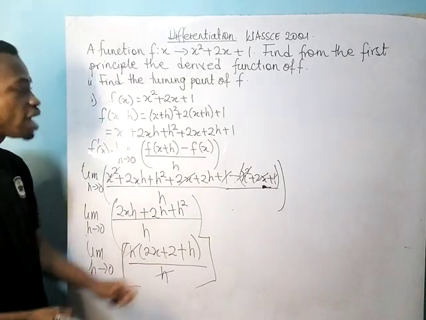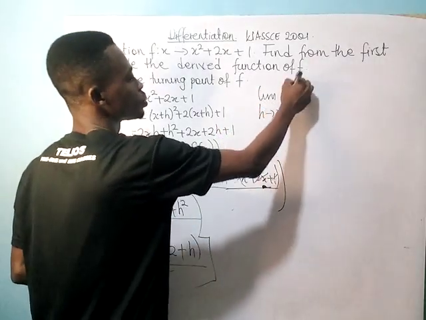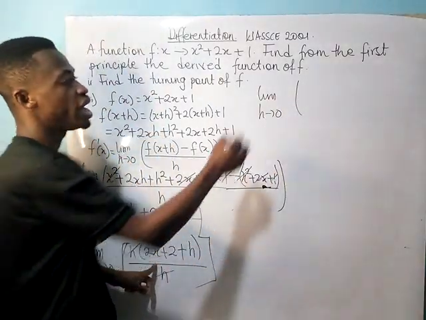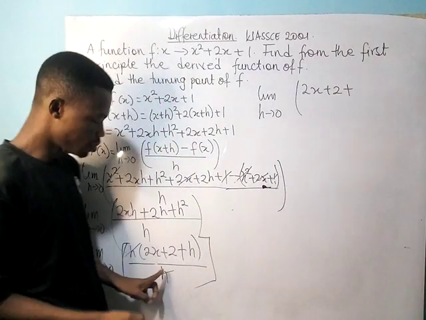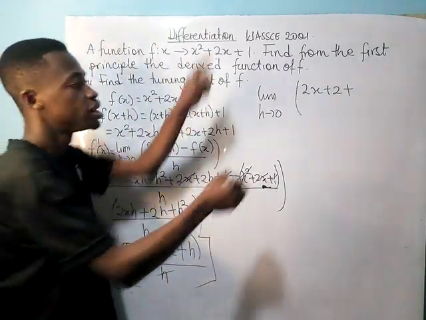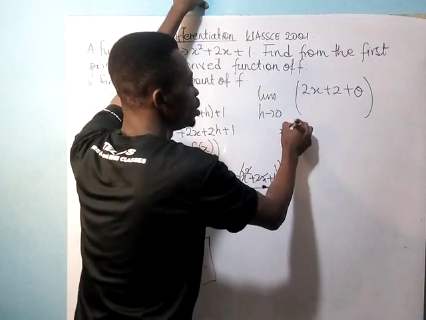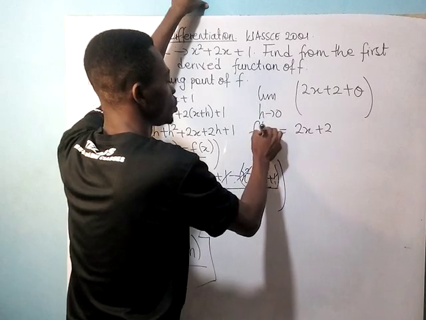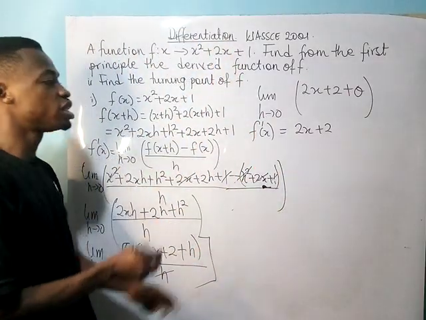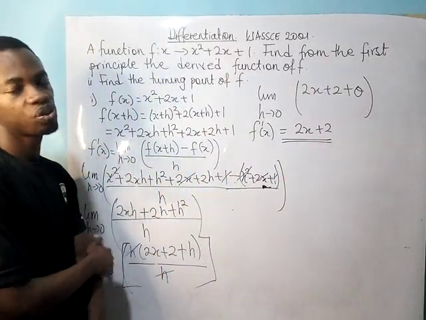Then we have 2x plus 2 plus h as the h approaches 0, but the h will be 0 here. So now we obtain 2x plus 2. So from the first principle, our derived function is 2x plus 2.